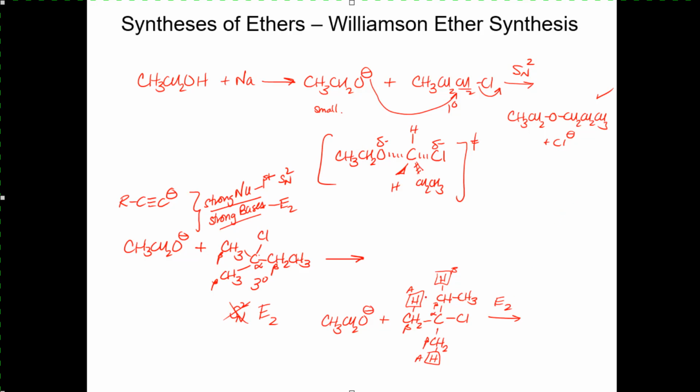Okay, so let's write the product. So if the alkoxide comes in and grabs HA, a pair of electrons moves, chlorine leaves. So the product of losing HA is to form this product.